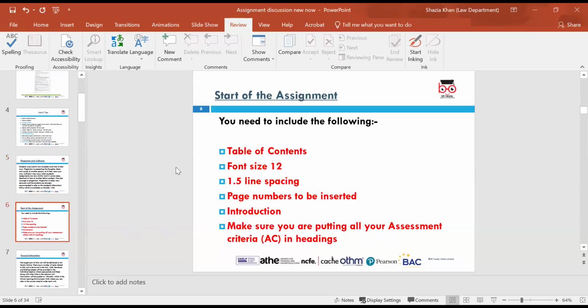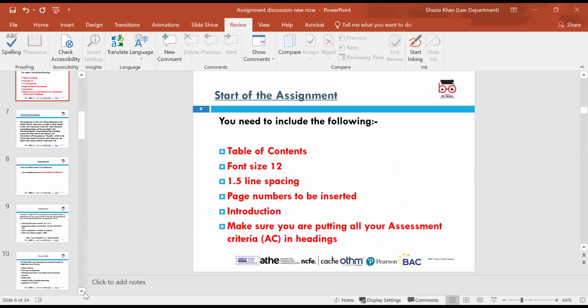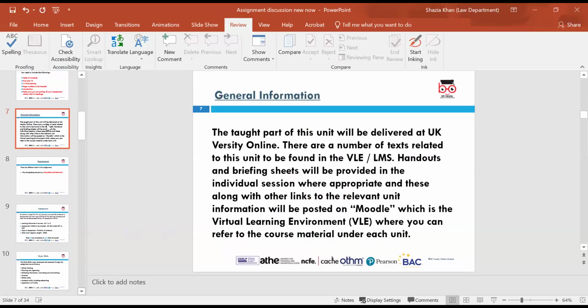So at the start of the assignment, you need to have a table of contents. You need to make sure your assignment is font size 12, 1.5 spacing, page numbers to be inserted. Make sure you have a brief introduction, very brief, and make sure you put the assessment criteria in the headings. Right. This is some general information about the course.